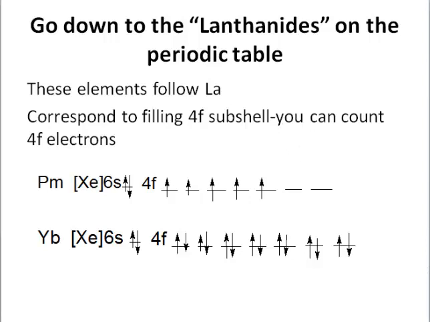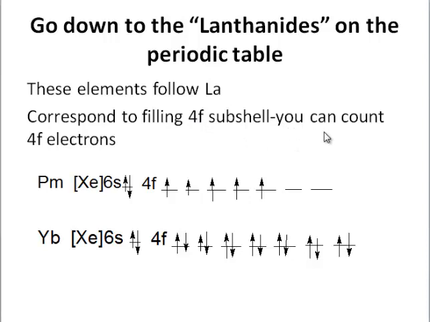Now, if you look carefully on your periodic table, counting atomic numbers, you'll notice that the elements following lanthanum, the lanthanides, are at the bottom of the periodic table. This block of the periodic table corresponds to filling a 4f subshell, which is the next one in energy.